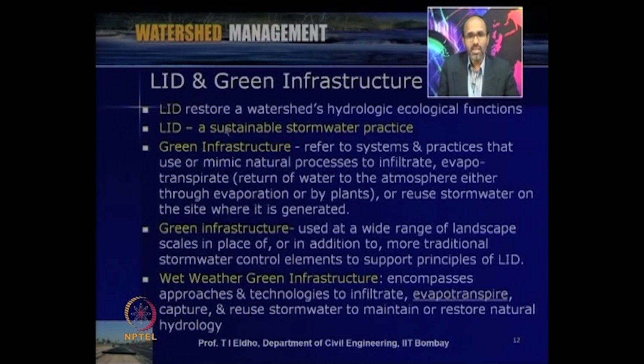Green infrastructure is generally used at a wide range of landscape scales, in place of or in addition to more traditional stormwater control elements, to support the principles of LID which we discussed.